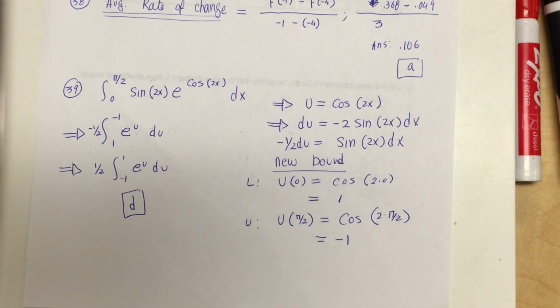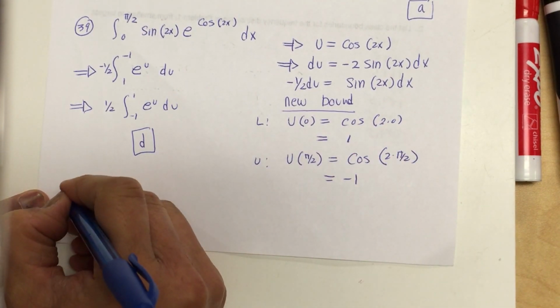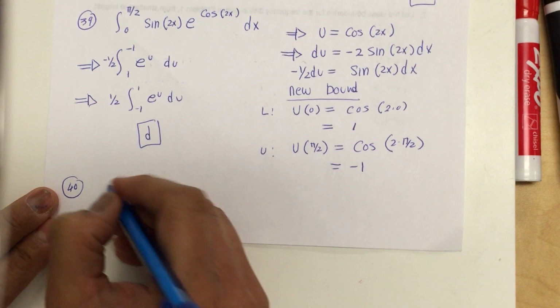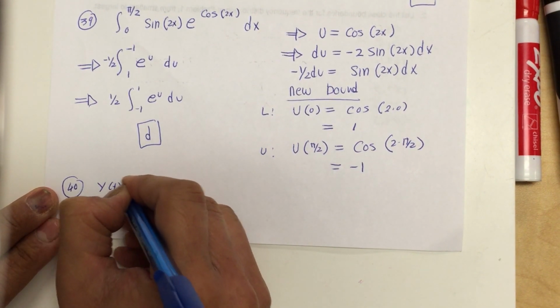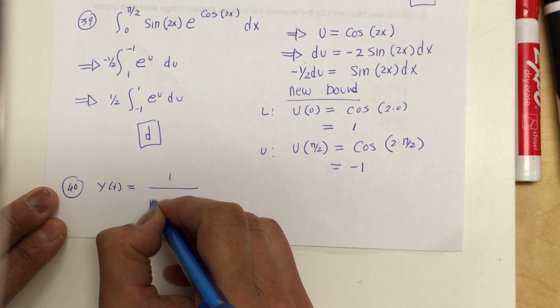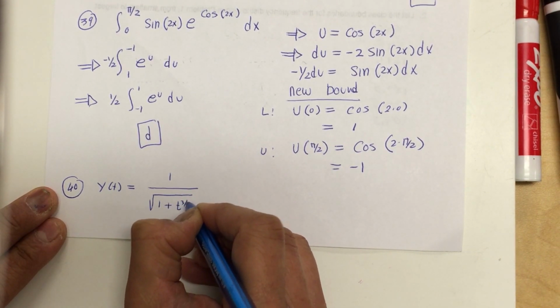Okay. Let's complete number 40. So number 40 says, a shampoo drips from a crack, and the rate at which it's dripping is modeled by this function, one over one plus t to the 3/2.